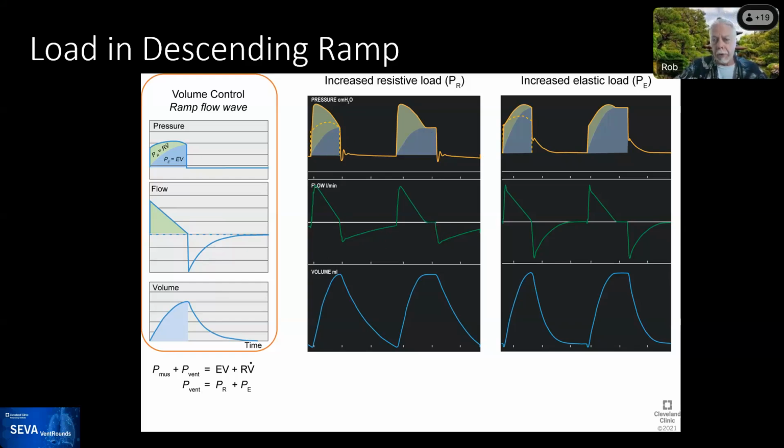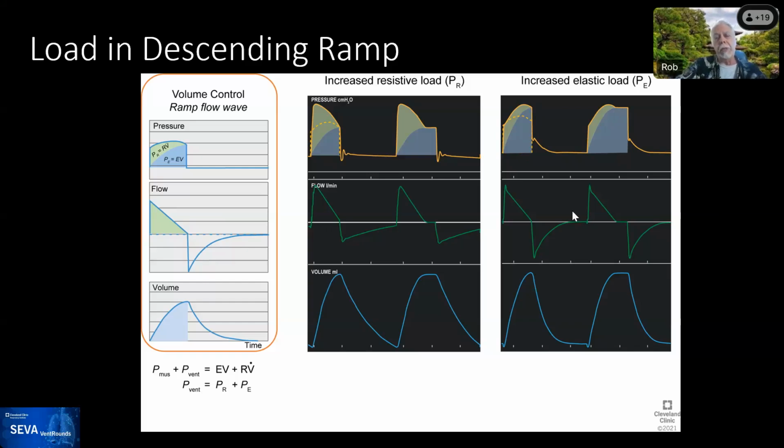In contrast, if you have an increased elastic load, the initial pressure rise is more normal because you have a more normal flow resistance. But as volume increases, the elastic pressure drop increases, so that at end inspiration, we have a much higher plateau pressure because the elastic load is higher and the compliance is less.